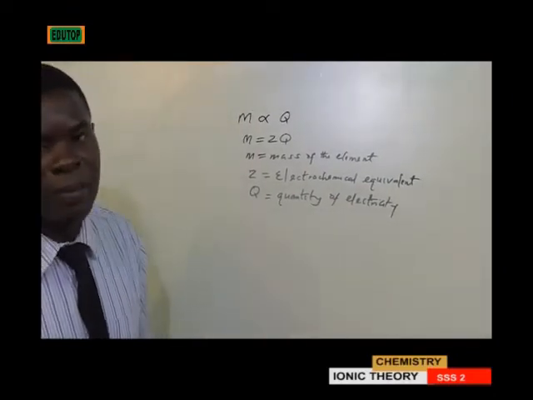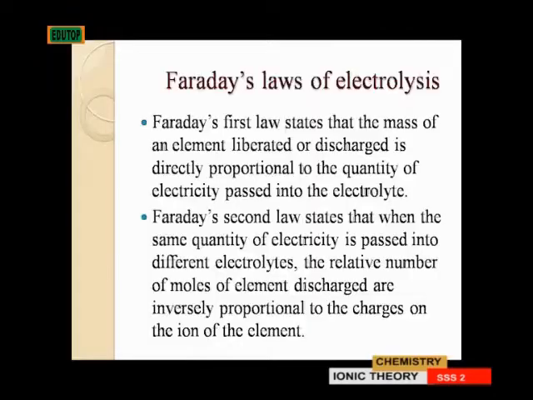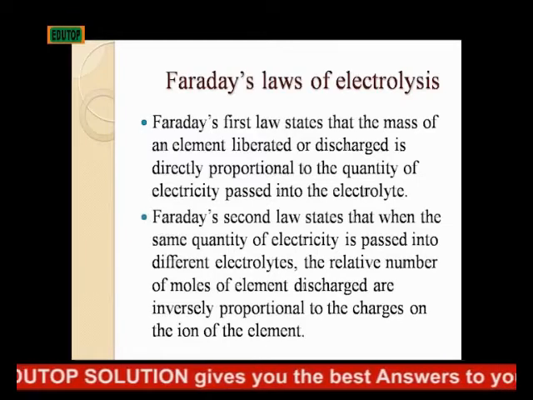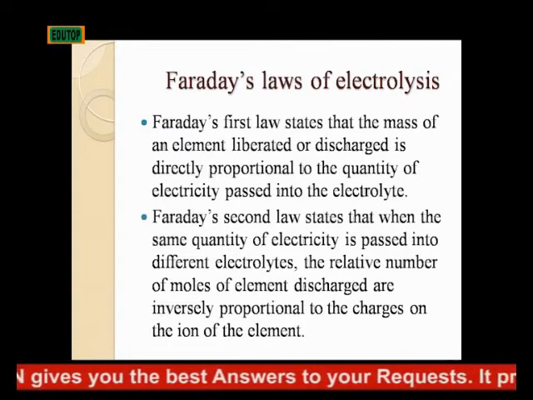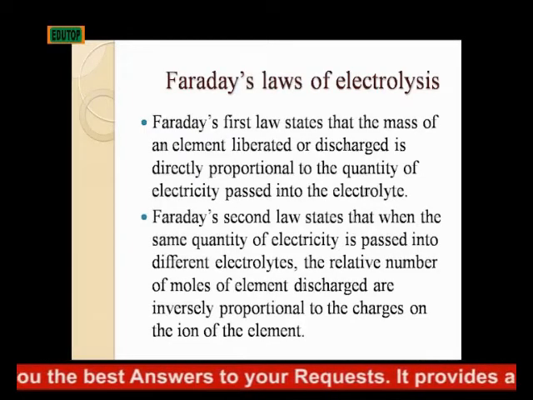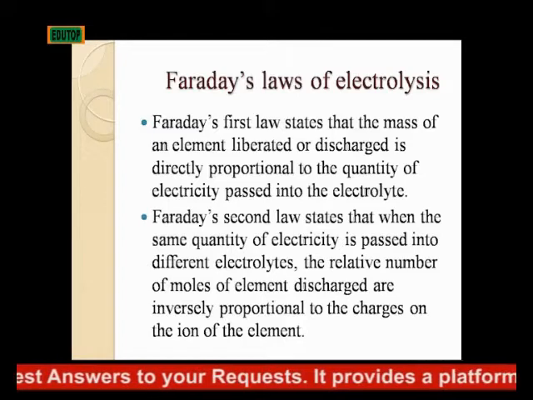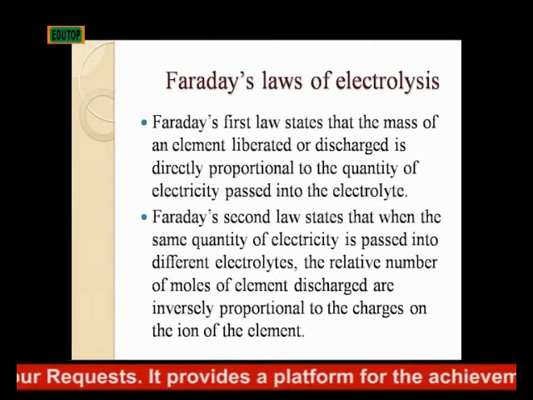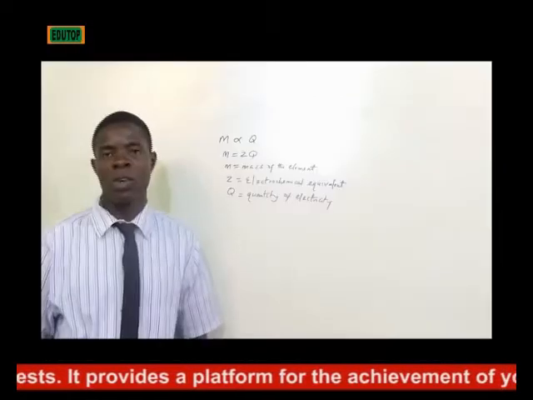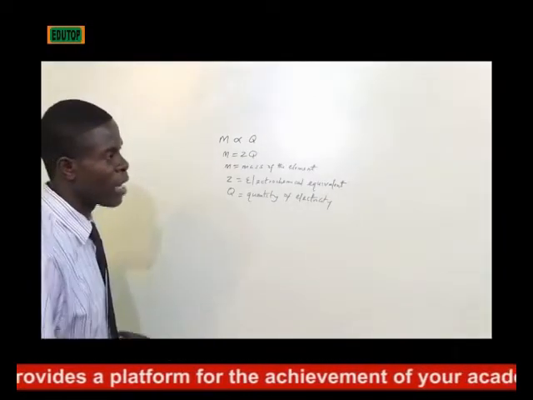Second law of Faraday. Faraday's second law states that when the same quantity of electricity is passed into different electrolytes, the relative number of moles of the elements discharged or liberated are inversely proportional to the charges on the ion of the elements. What are we saying by that?